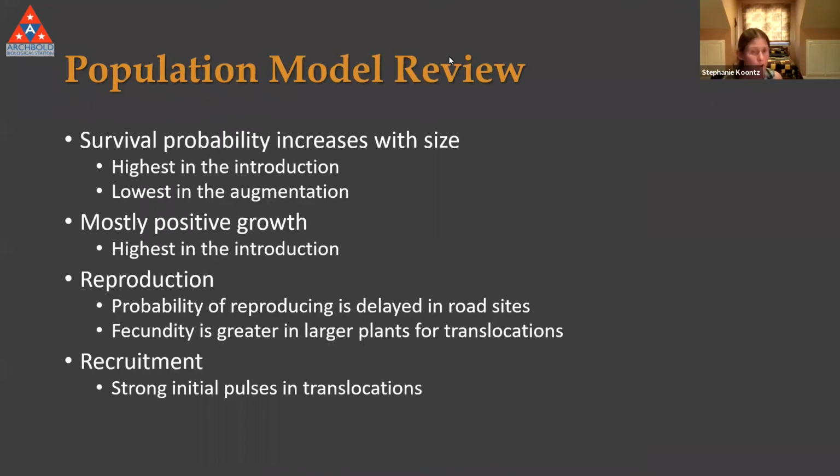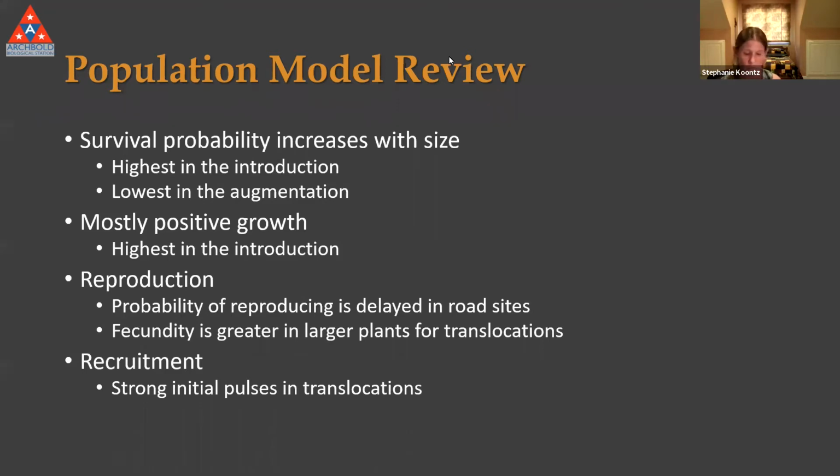So before I go on too much further, I wanted to review what we learned from our basic population models. We saw more than 50% survival for adult plants and for yearlings across all four management treatments. Survival was definitely highest in the introduction, but tended to be much lower in the augmentation. We saw mostly positive growth, except for larger plants nearing the end of their life.